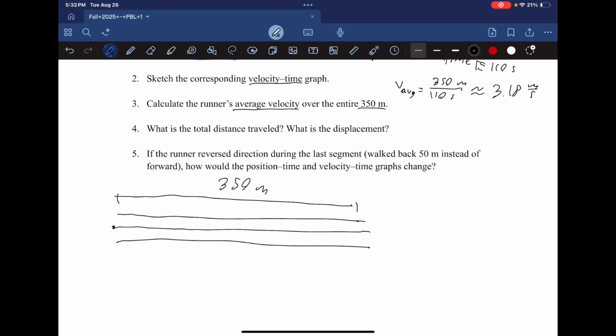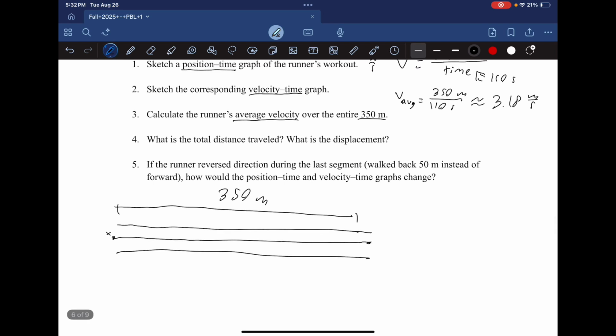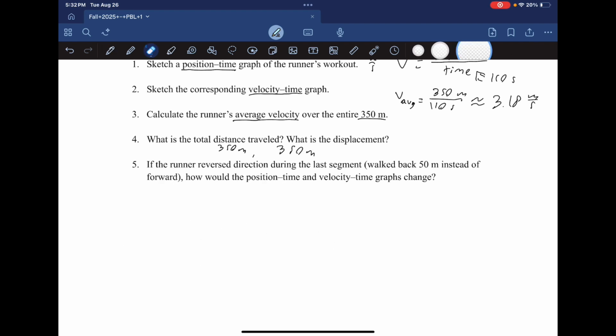It takes him differing amounts of time for each little stretch, but his displacement from this point X over here is 350 meters. That is also the same distance he traveled. So we know total distance is 350 meters and displacement is 350 meters. In this case, they're the same.